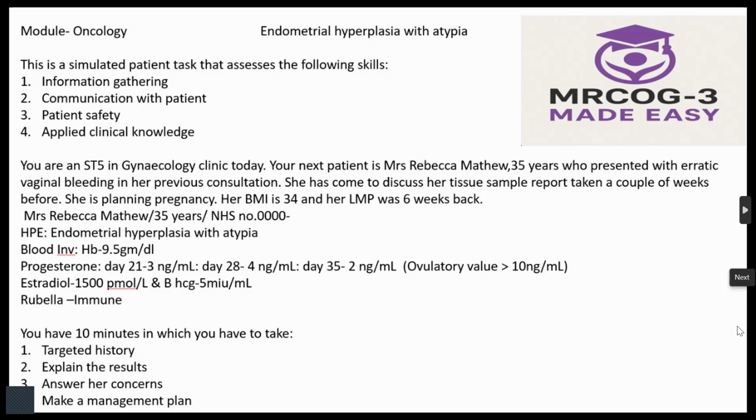After delivery the baby will be legally yours, and genetically the baby is yours. The other option is adoption. So these are the options I explained. You can discuss with your partner and take a decision, and whatever you decide, it will be respected. Am I clear, Rebecca? Yes, yes, doctor.